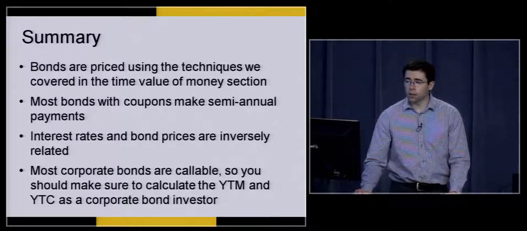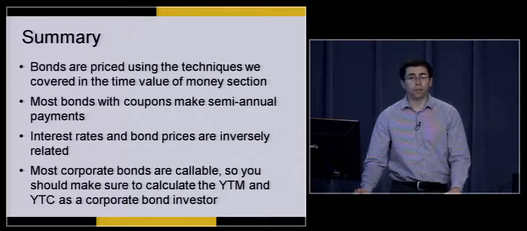Next, most bonds with coupons will make semi-annual payments. So what we did in those last 5 or 6 examples, that's fairly common. If we're valuing corporate bonds that make payments, chances are they're going to have semi-annual coupon payments. Next, we noted one of the most important relationships between bond prices and other factors, and that is that bond prices are negatively correlated with interest rates.